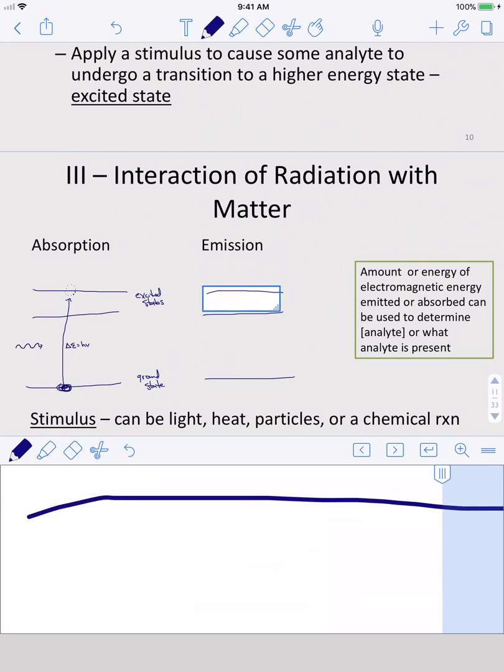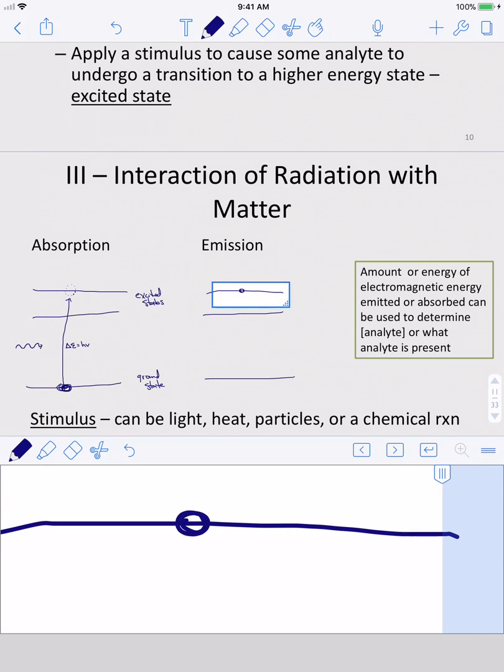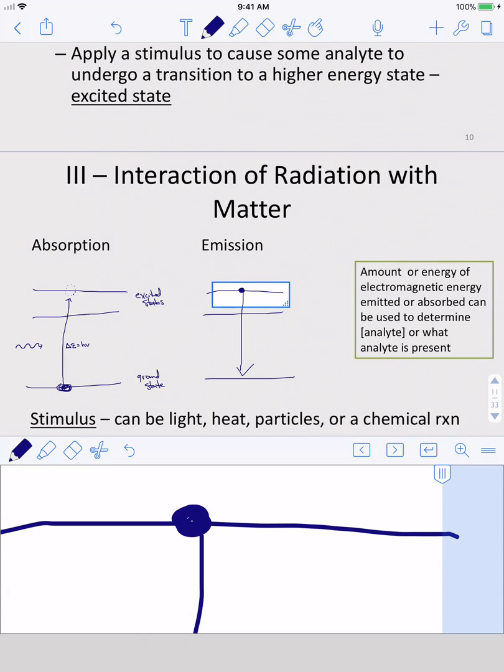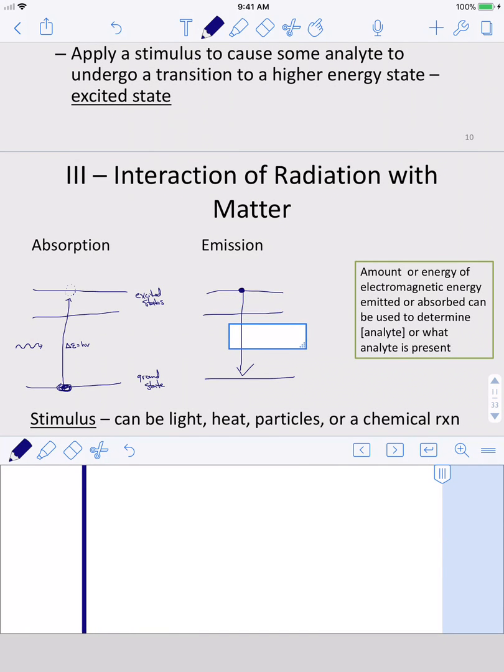We have an atom or a molecule in an excited state, and that excited state wants to get back down to a ground state by maybe emitting some energy, and to do that then it can decrease back down to the ground state, and that energy is conserved, so the molecule or the atom then emits photons of light out instead of in, and we're measuring that amount of light out.